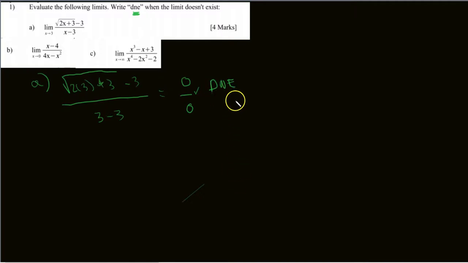If you still get 0 over 0, then you write does not exist. So do not write this first thing, you will get a 0 on the question. Even if the actual answer is does not exist, you're still going to get a 0 because you didn't further manipulate this equation to see what would happen if you plugged in the x value later on. So let's move forward with the problem.